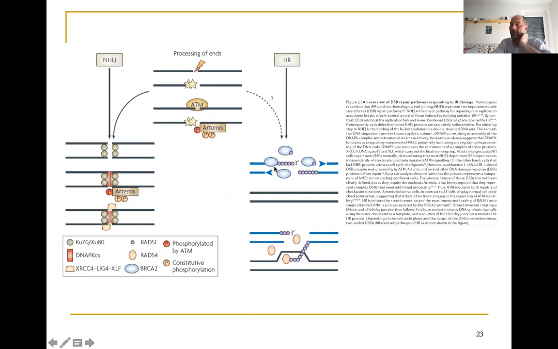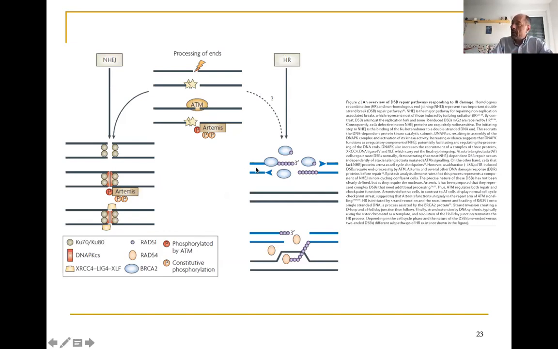In homologous recombination, well, it's also a very complicated system. Essentially what you do, you have your broken DNA, and now you invade the homologous chromosome to rebuild the exact sequence that was broken. This is in a simplified way. We will see that it's more complicated than that.